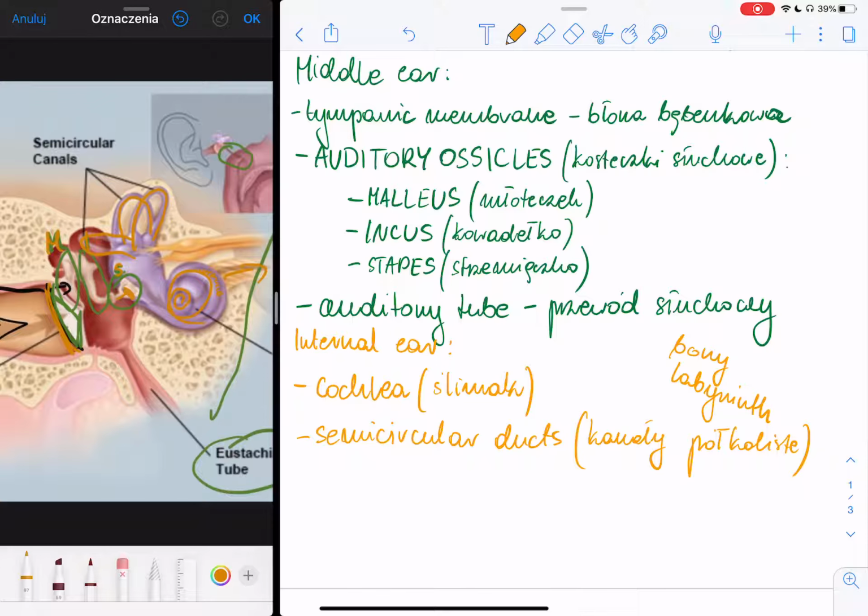So they sense the position and the balance of the body in space. They are filled with liquids, and depending on the position of the body and the liquid inside, the brain is able to determine the position of the body. So when you have travel sickness, that means that something is wrong with the semicircular ducts because the brain starts to get crazy over-interpreting the signals that are coming through here.